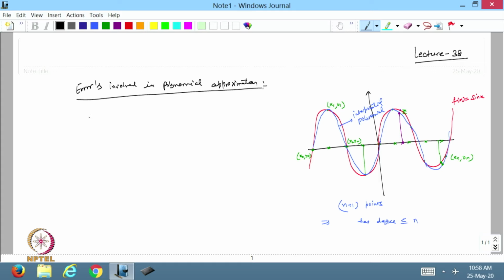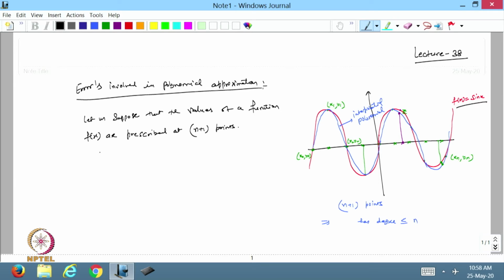So, let us suppose that the values of a function, in this case this is my f x, which I have chosen as sin x, are prescribed at n plus 1 points.